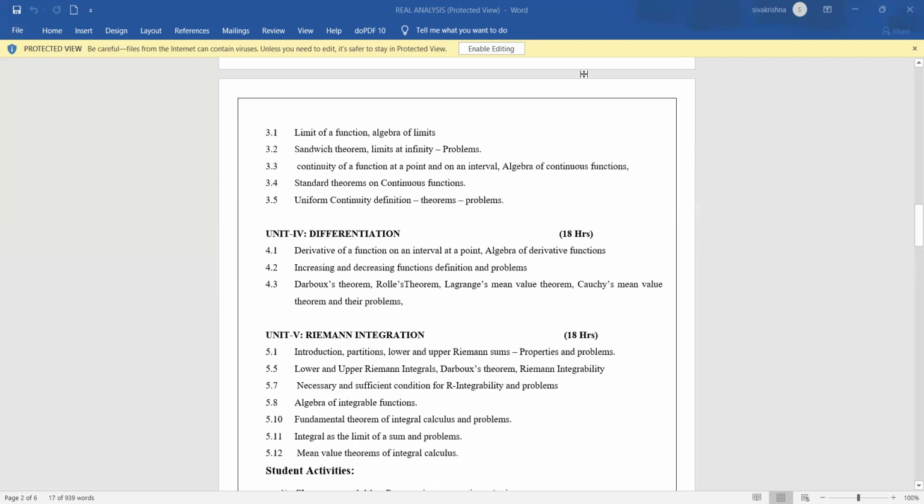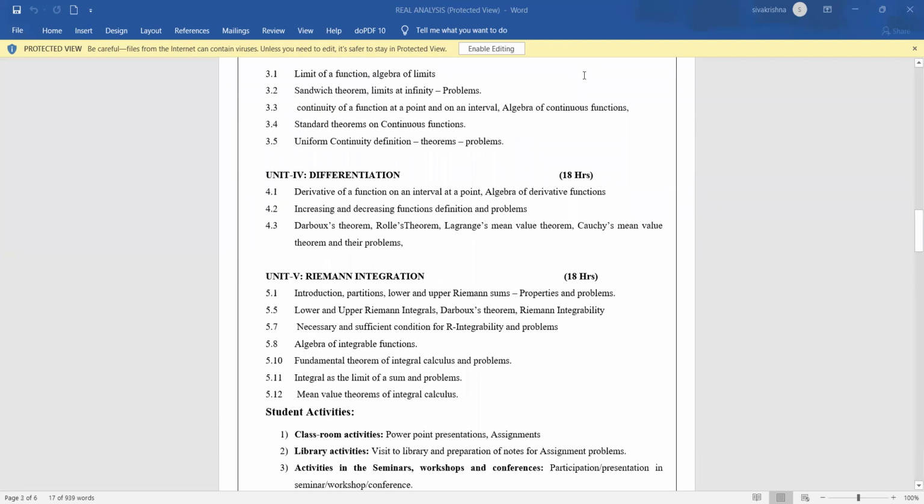Coming to the fifth unit, that is Riemann integration, which is completely different from the other 4 units. Here we will learn the basic definitions in Riemann integration: what is the upper Riemann sum, what is the lower Riemann sum, and of course the upper Riemann integral and lower Riemann integral, and how we can say that f is Riemann integrable.